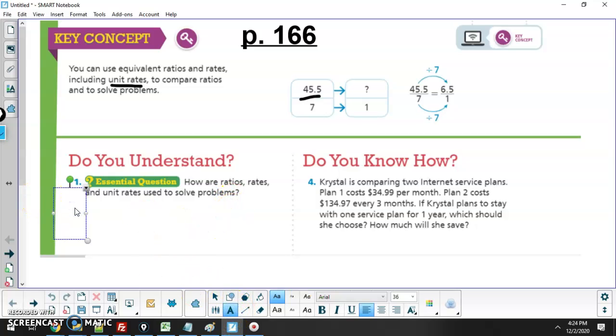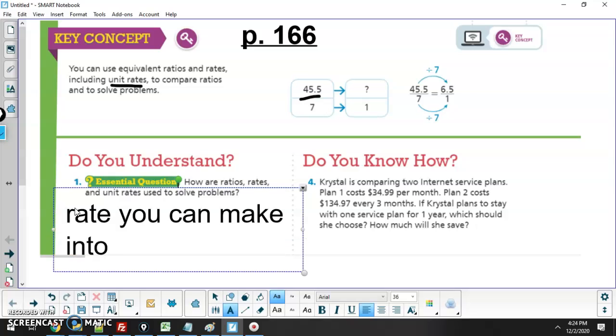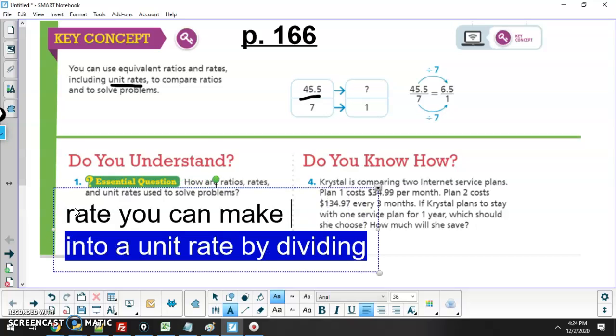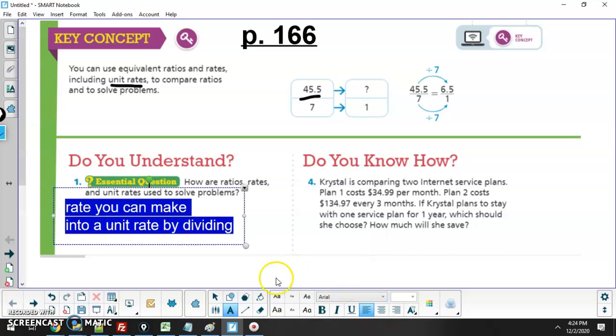If you have a rate, you can make it into a unit rate by simply dividing. And when you have a unit rate, you could scale that for a certain situation.